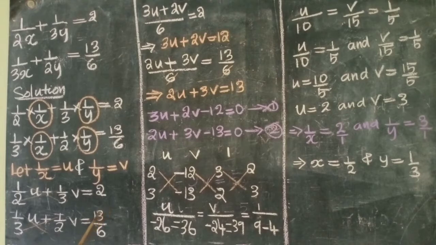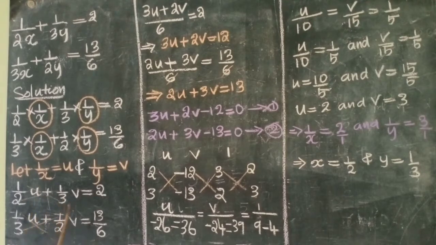Now the equations become linear equations in two variables. We can solve it. Before solving, you just see a1 and b1 here in the form of a rational number: 1 by 2 is a rational number, b1 is also a rational number, a2 is 1 by 3, also a rational number, and b2 is 1 by 2, also a rational number.